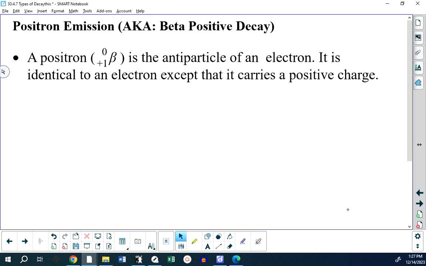It turns out that for every type of particle in the universe, there is a type of particle called an antiparticle. That's not saying that for every particle there is a 1-to-1 ratio, that there's an antiparticle someplace. I'm not saying if we have this many electrons in the universe, you have this many positrons. I'm just saying positrons exist.